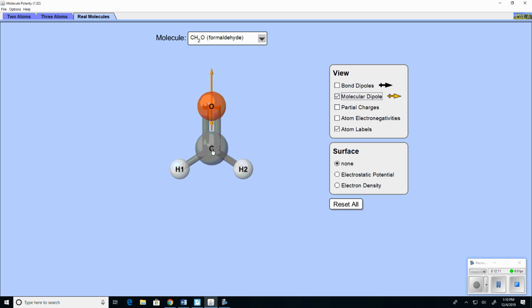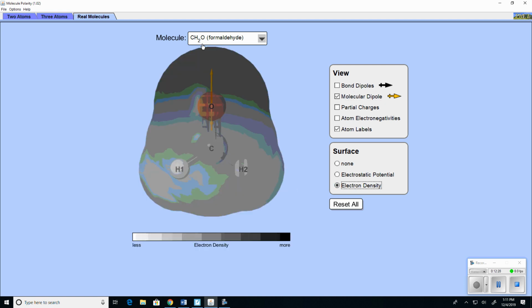Here is a dipole moment in this particular direction, because carbon and oxygen are not next to each other in the periodic table. They do not share electrons equally. Oxygen, being more electronegative, has a greater share of those electrons, which is demonstrated by darker electron density here versus this end of the molecule.